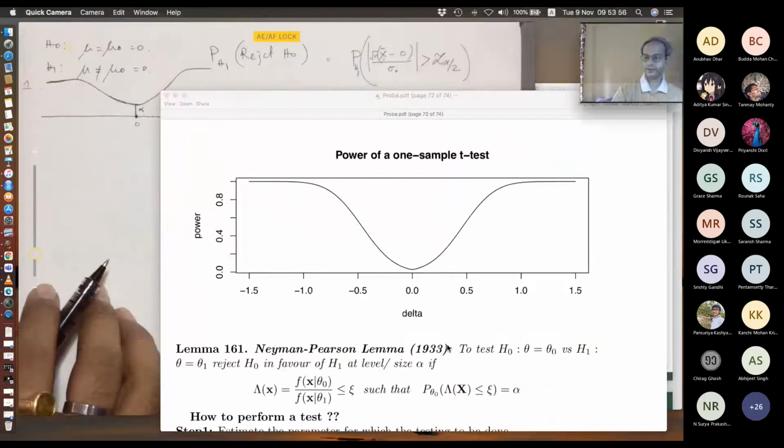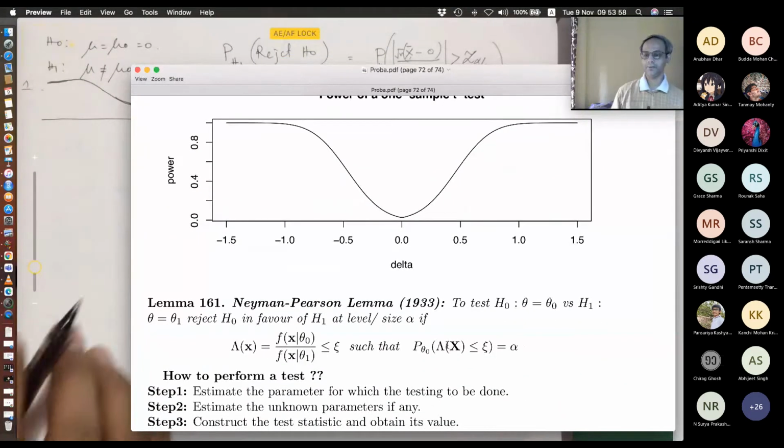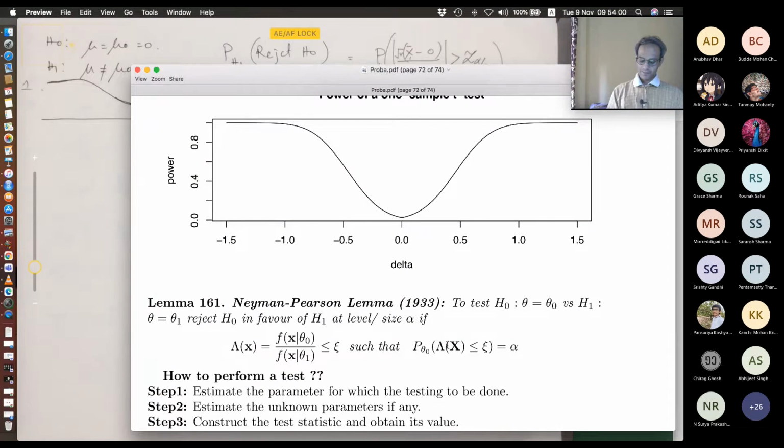And finally, let us come to this Neyman-Pearson lemma. So Neyman-Pearson lemma, what does it say? It is a precise method for obtaining the most powerful test, and it is given by Neyman and Karl Pearson.